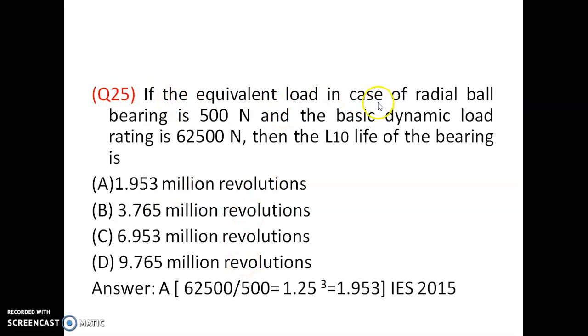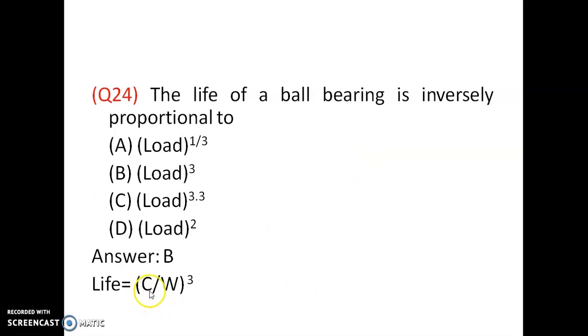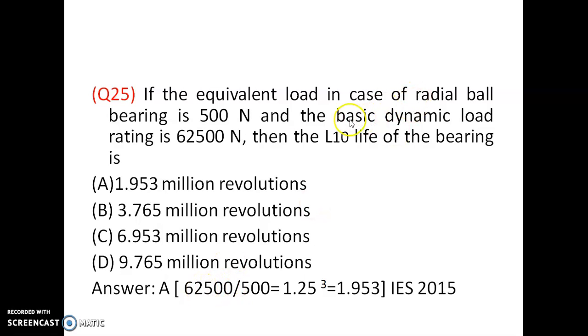If the L10 life of the bearing is asked, L10 life equal to C by W cube, where C is the dynamic load rating. Dynamic load rating is 625 and load is 500.